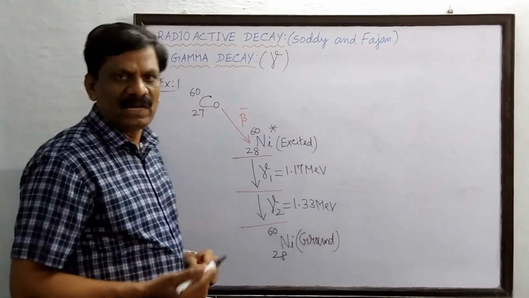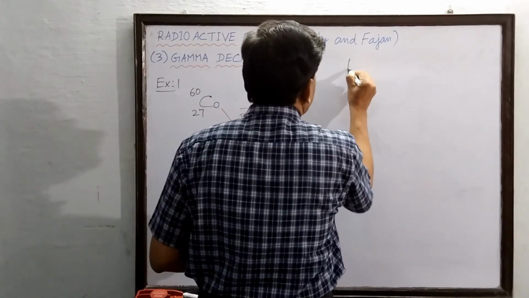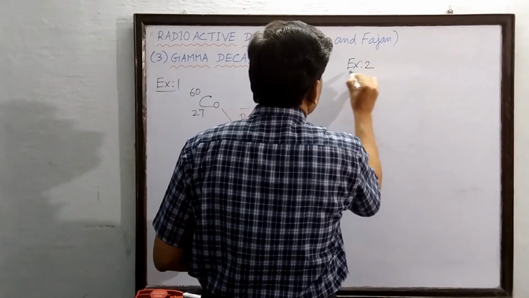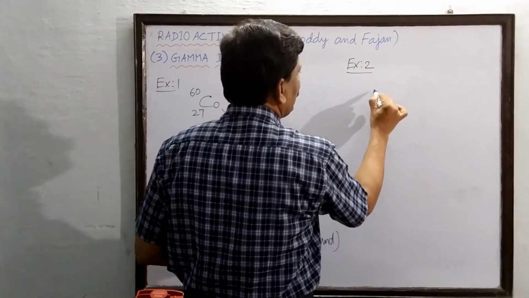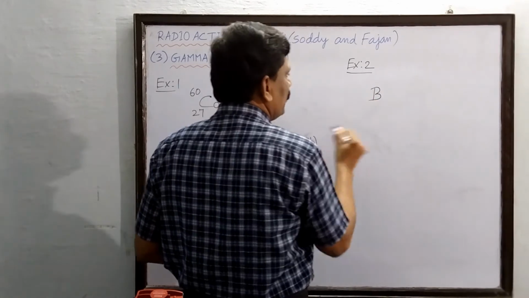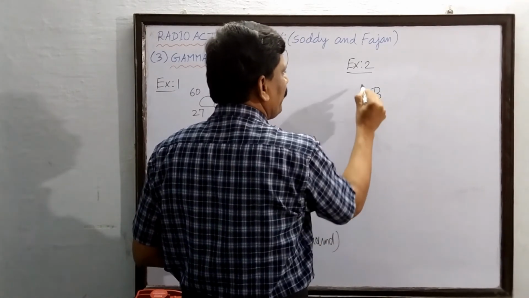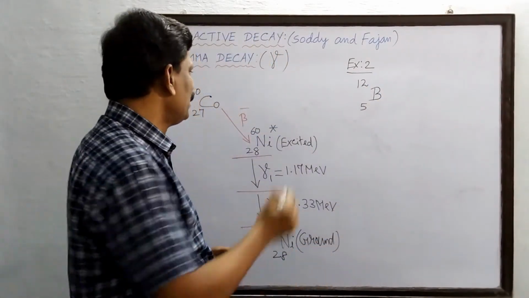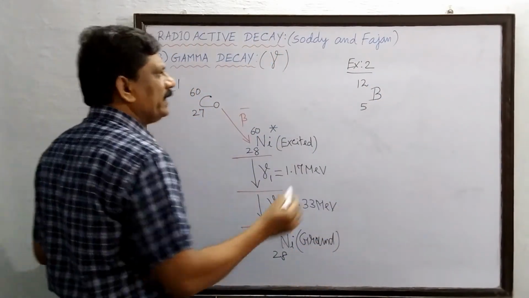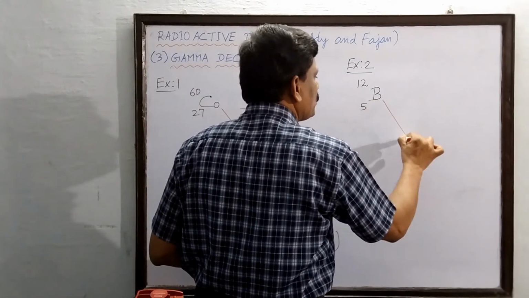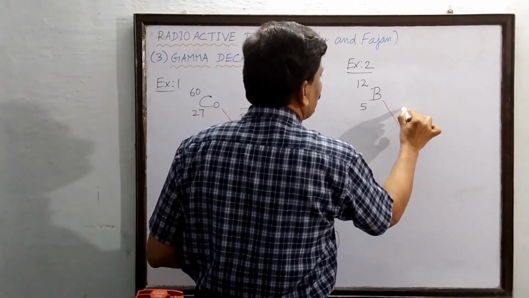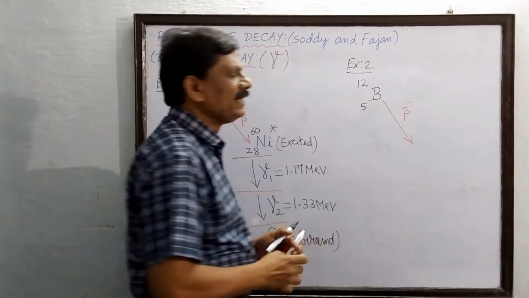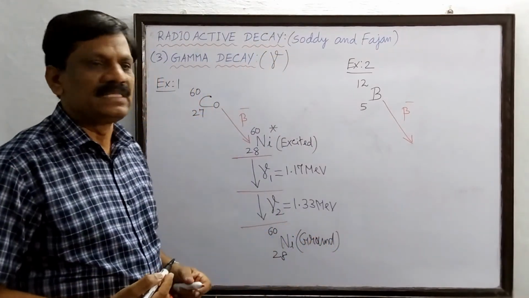Now another example I am going to take. This is example 2, during which I will take a boron nucleus. Boron has charge number 5 and this isotope has mass number 12, boron 5, 12. It is also emitting an electron, so this is a beta minus decay. During this beta minus decay, what change does the nucleus undergo?